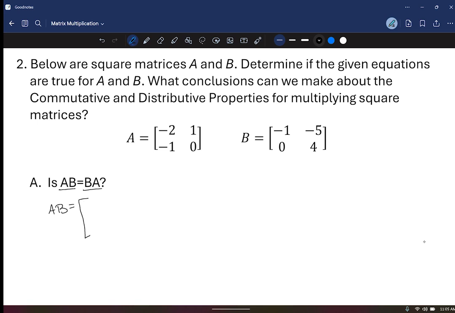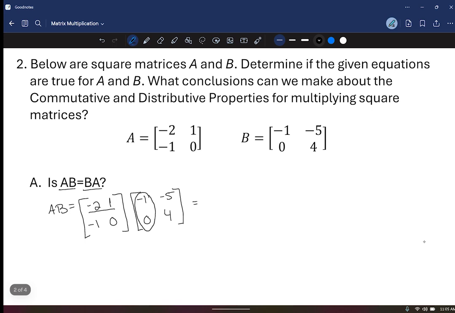So I know that A is -2, 1, -1, 0, and B is -1, -5, 0, and 4. All right, so when we multiply these, remember, we are going to start off by doing first row, first column.